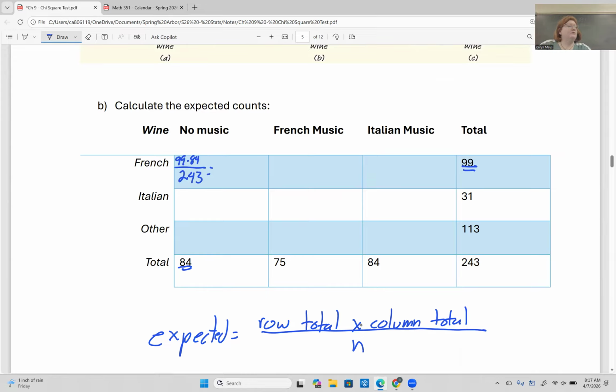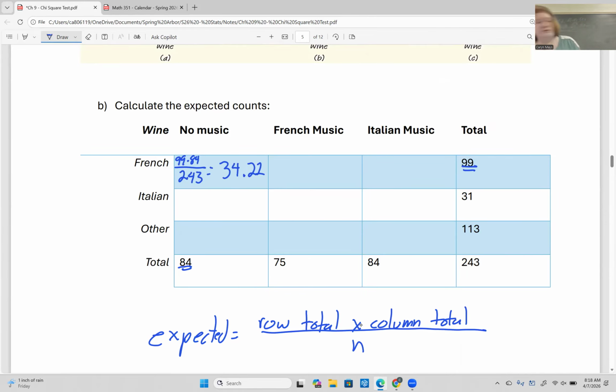Somebody with a calculator, what does that come out to be? 308 over 9, or 34.2 repeating. So if the distributions were exactly the same for each type of music, we would expect about 34.22 bottles to be sold.